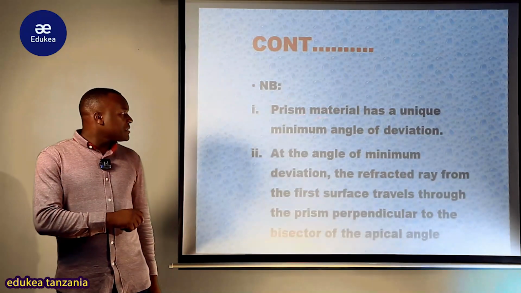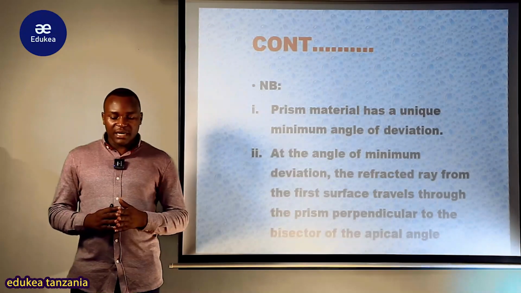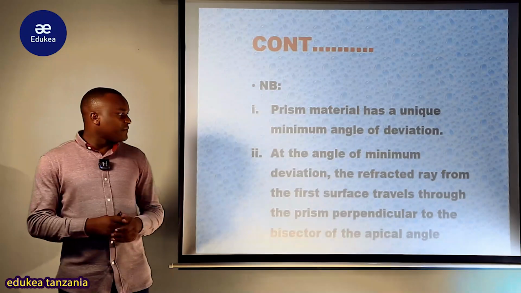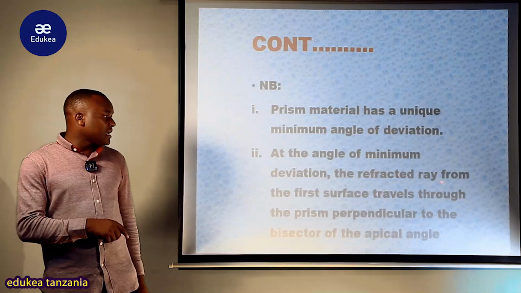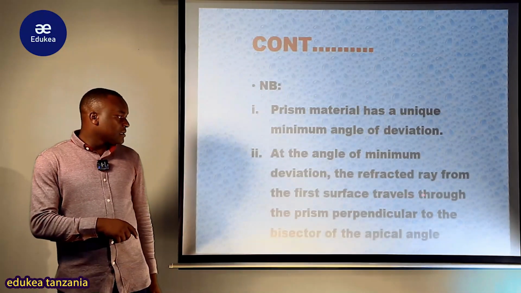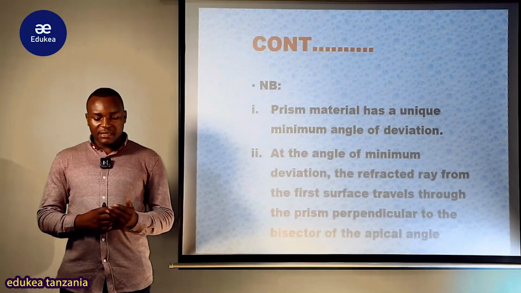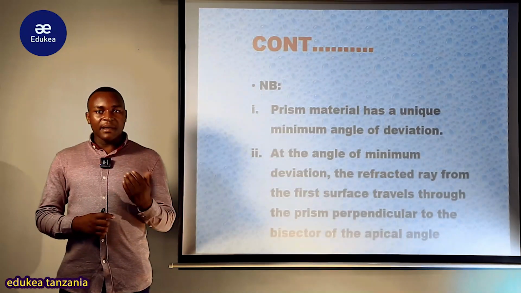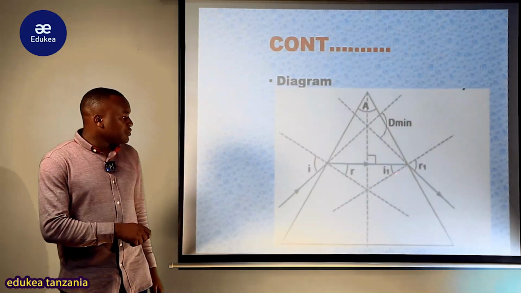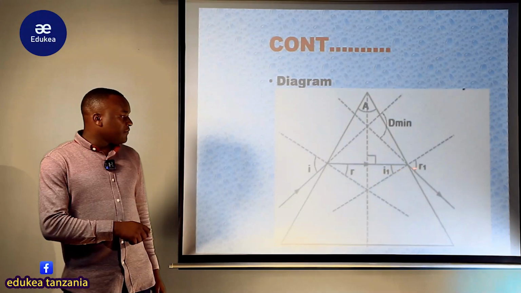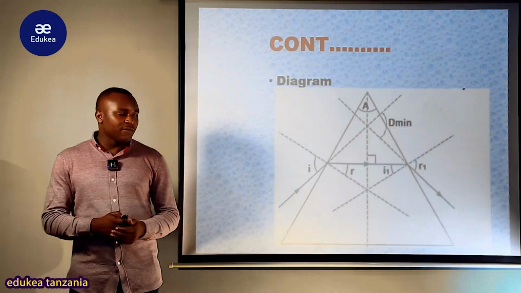Something to note, prism material has a unique minimum angle of deviation, kwamba prism material ina unique minimum angle of deviation, and we say at the angle of minimum deviation the refracted ray from the first surface travels through the prism perpendicular to the bisectors of the optical angles, kama inavyoonyeshwa katika mchoro hapa. So this angle, if it will be the same to this one, then we say there is a minimum angle of deviation.